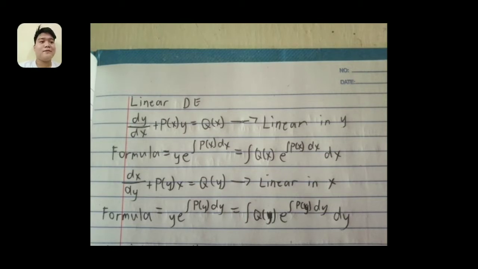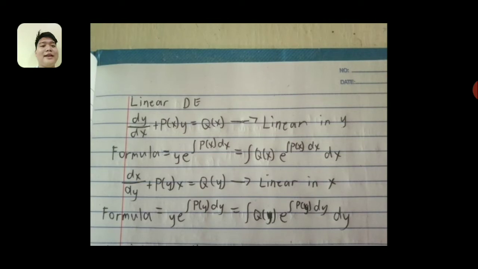That's the linear in y standard form. The formula of linear in y is y times e raised to the integral of p of x dx equals the integral of q of x times e raised to the integral of p of x dx. So that's the formula of linear in y.